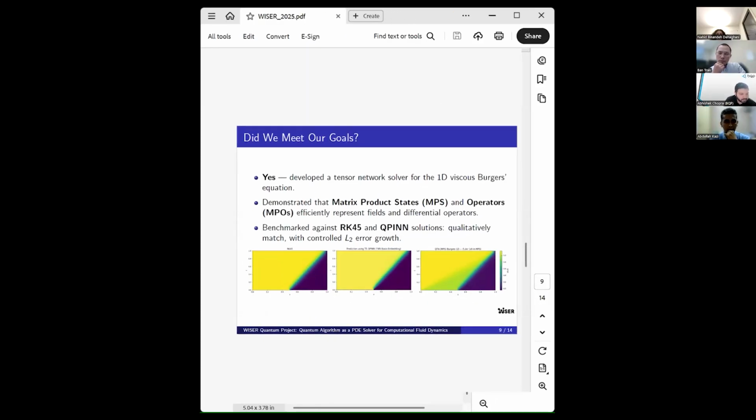So what you're showing is RK45 is the classical method, right? Yes. You're using that as a reference solution. And then the QPINN, I see that green area which is coming in, I think the QTN result. Any thought process, any light that you can shed on that part? Yes, so you can see on the right screen, the QTN solution has a green part.